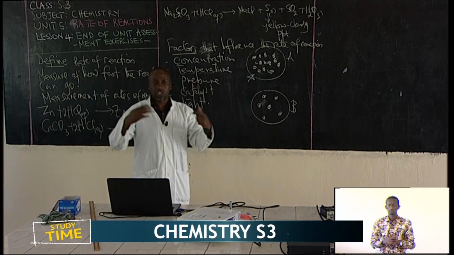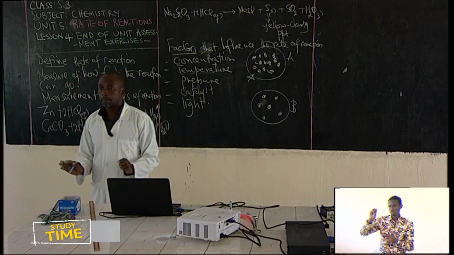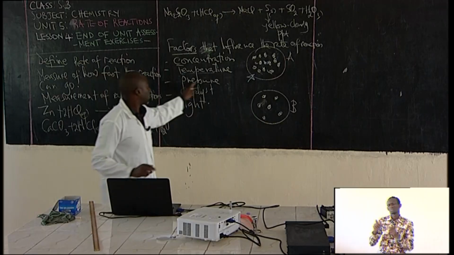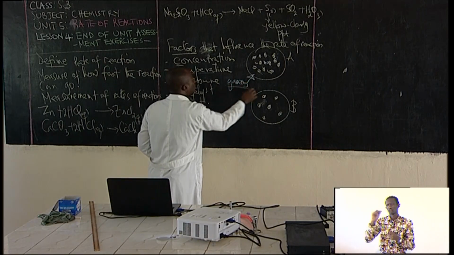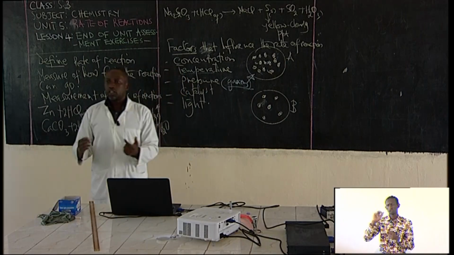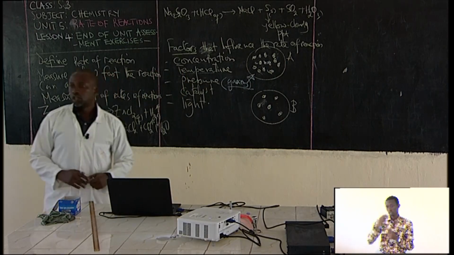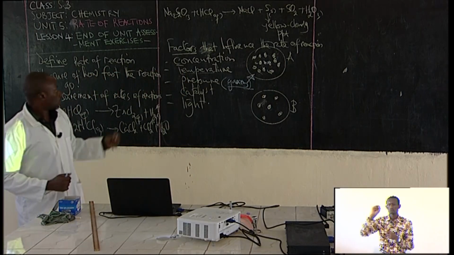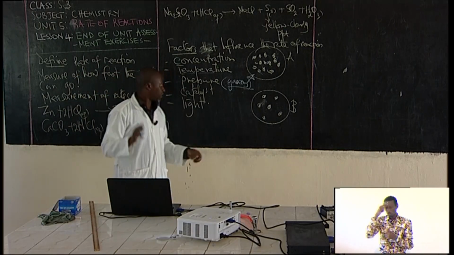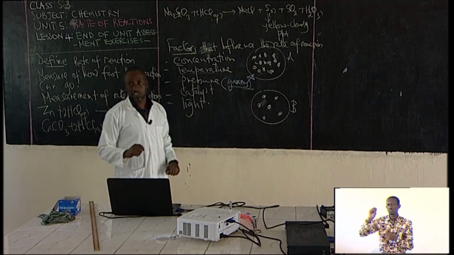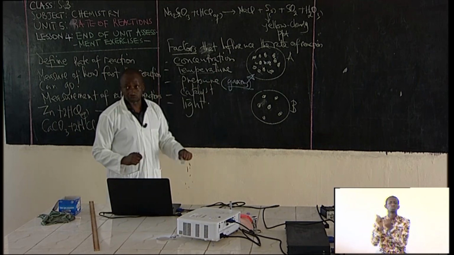With pressure, we said this affects only gaseous molecules. Because we said solids are incompressible, liquids are incompressible, that is why the pressure only affects the molecules which are in gaseous form.